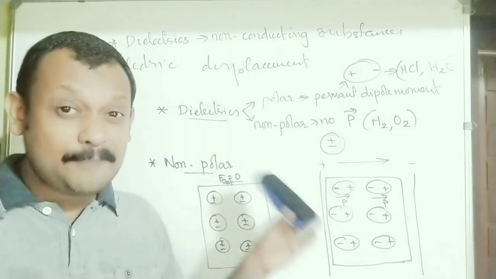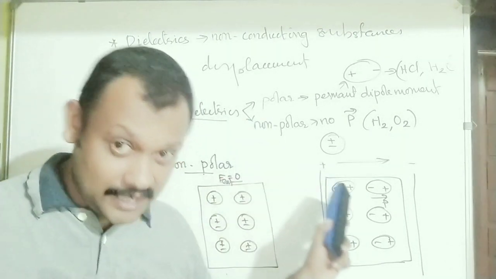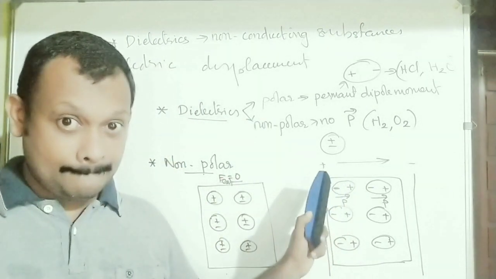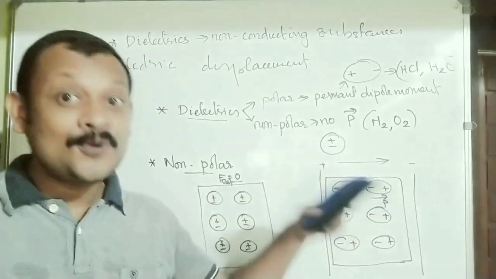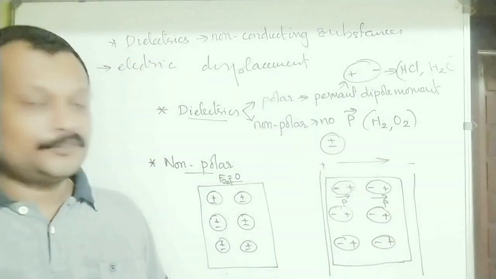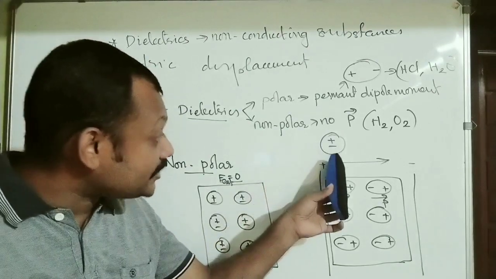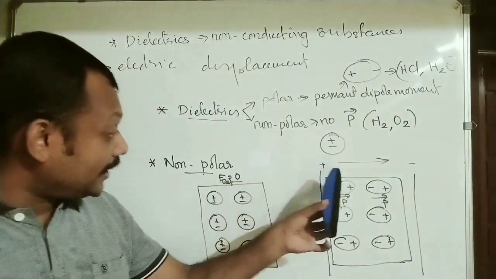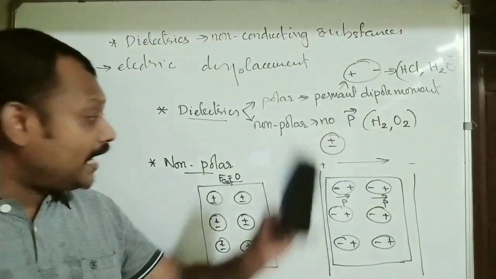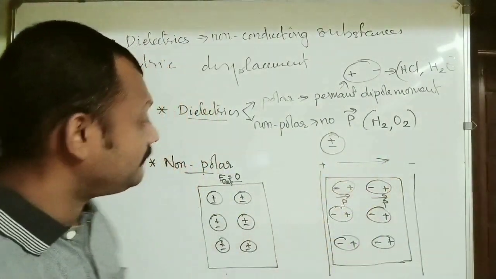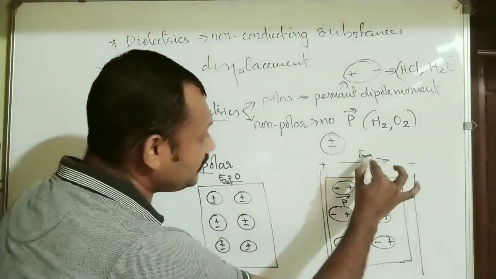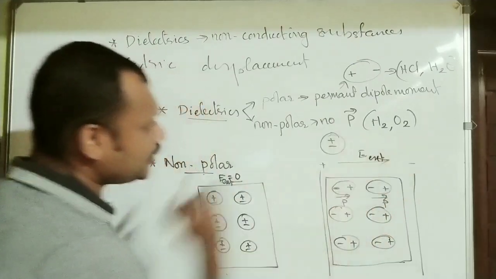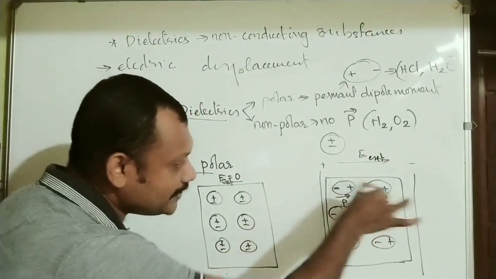A net dipole moment is induced in this material from negative to positive, right? That is in the direction of the external field, right? This is the direction of the external field, and this is the direction of the dipole moment.